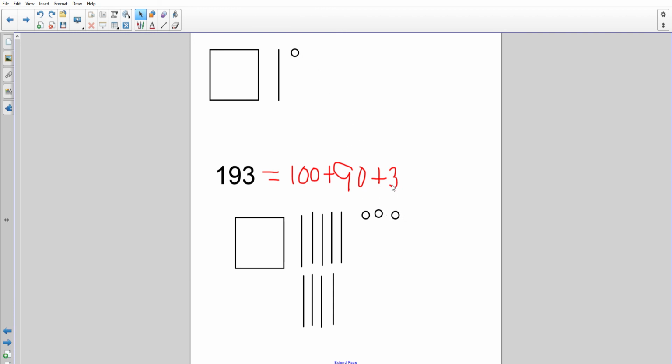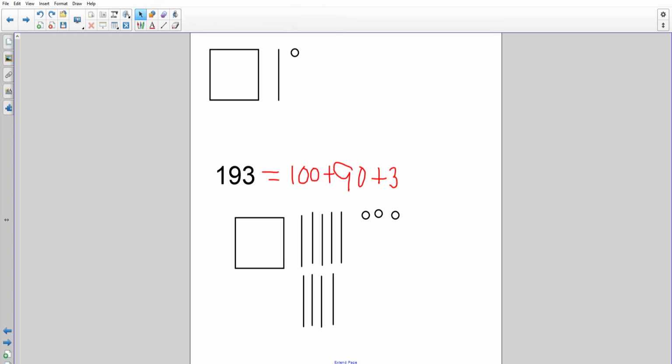Let me check to see if I represented this properly by counting it out. Let's see. 100, 110, 120, 130, 140, 150, 160, 170, 180, 190, 191, 192, 193.